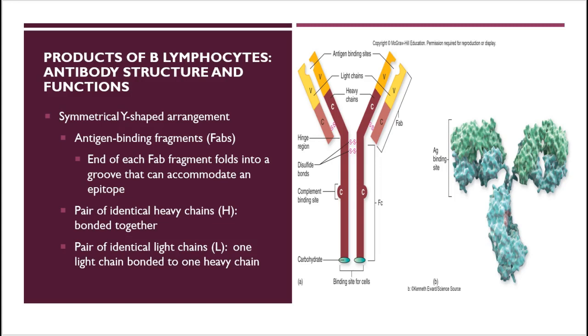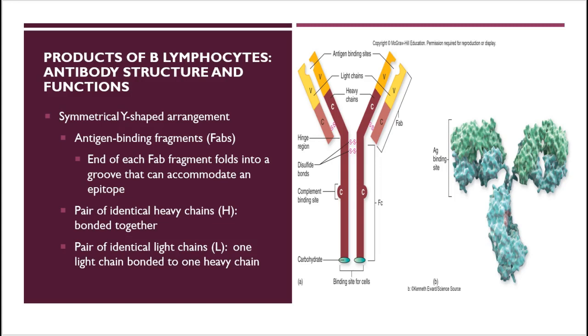The top section is the variable region, and you can see it's marked there with a V, and it's colored yellow. That's the hypervariable region. This is the region that we discussed earlier that is coded for with 500 different gene segments, and that leads to the variability that is present in this compound.